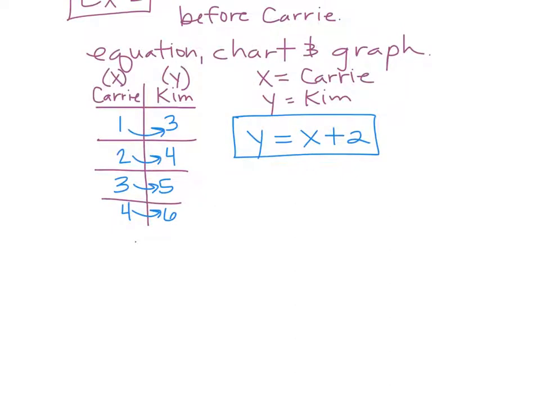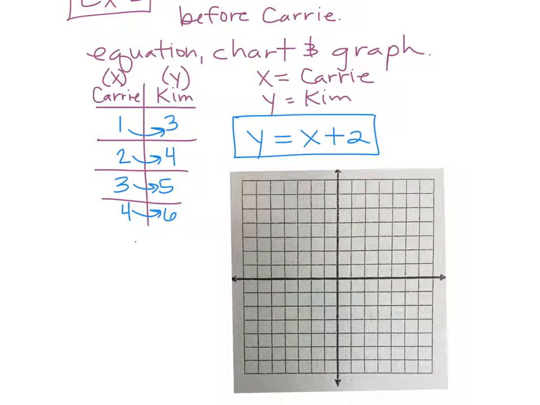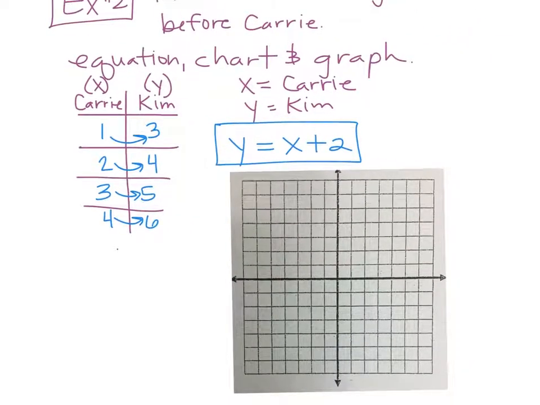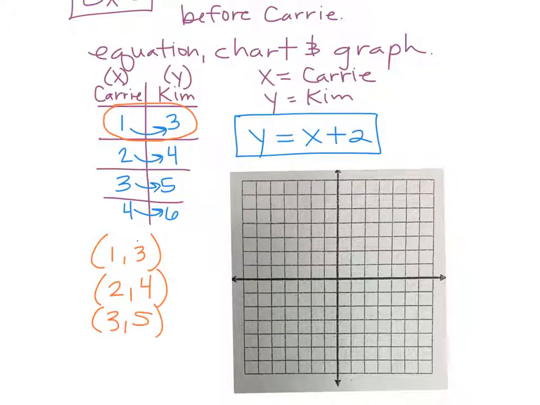Here's how we graph it. You're going to take graph paper, and you're going to plot these. Sorry, I don't have my pen out right now. Here we go. You're going to plot these as points. So you're going to plot the point 1, 3, and you're going to plot the point 2, 4, and you're going to plot the point 3, 5, and the point 4, 6.